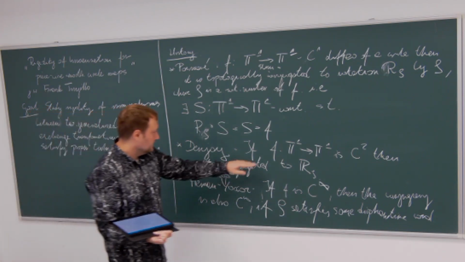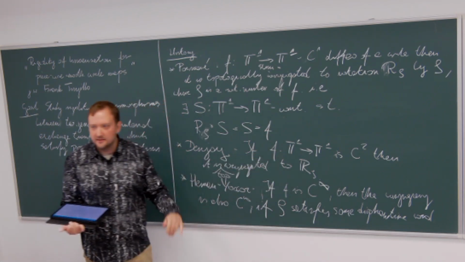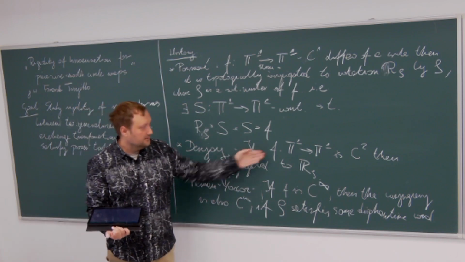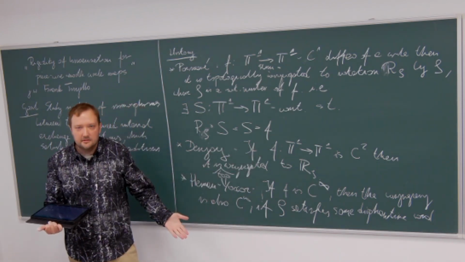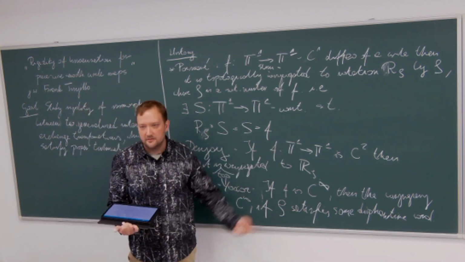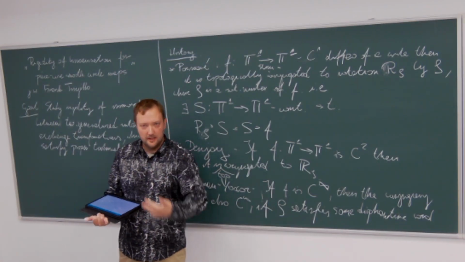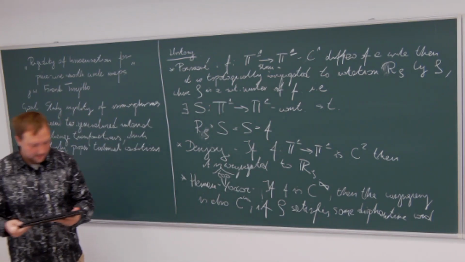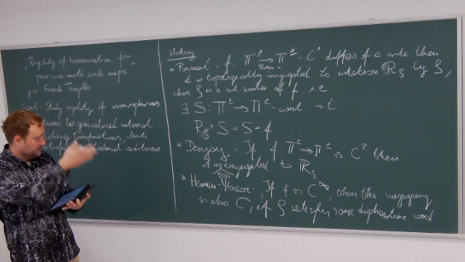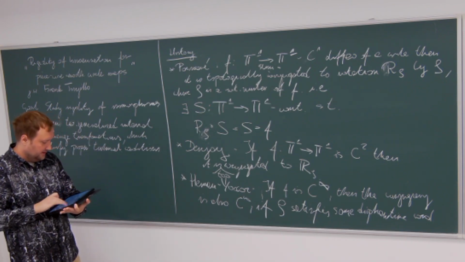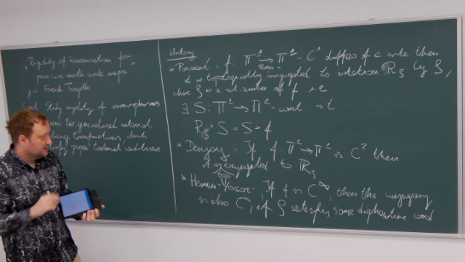So you can see, for example, from the result of Denjoy that if you take two f and g with the same rotation number, then they are naturally topologically conjugate to each other because you just take the compositions of the appropriate conjugacies.